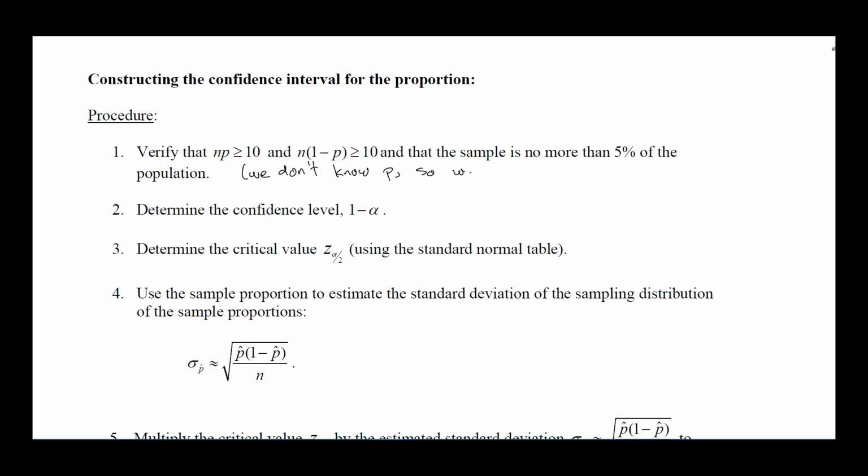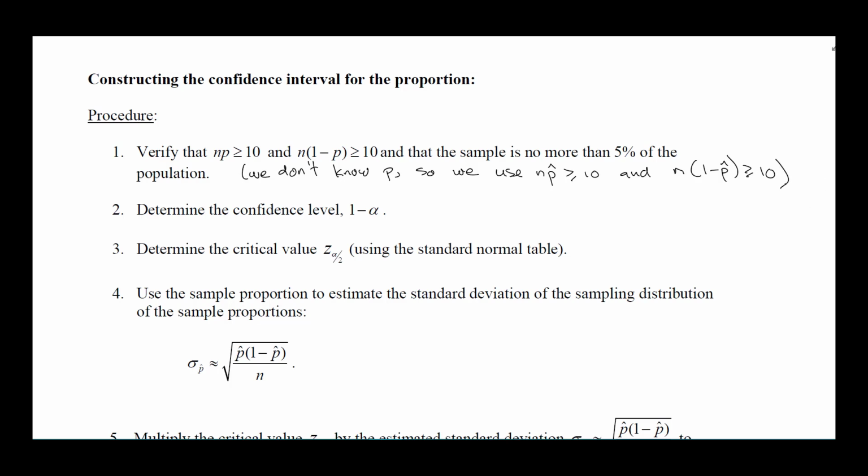So what we're going to use is the p hat in its place. So we need n times p hat to be at least 10, and we also need n times 1 minus p hat, so that's basically our complement, to also be at least 10. Okay, so we're going to check that assumption first.